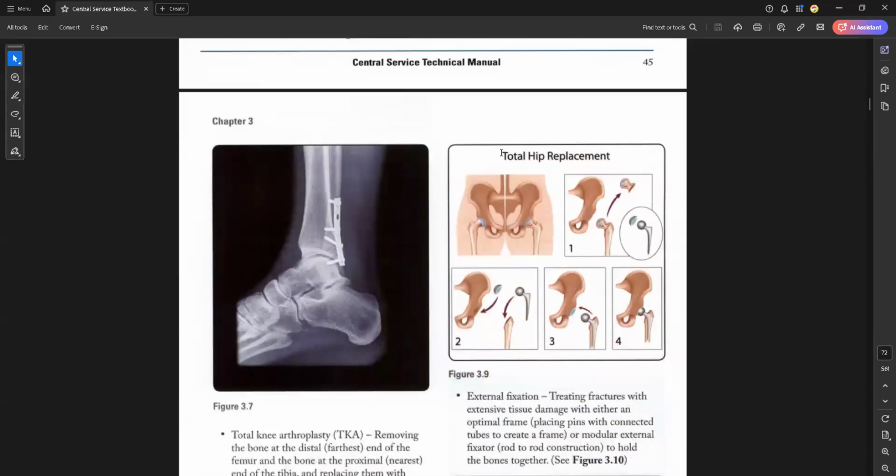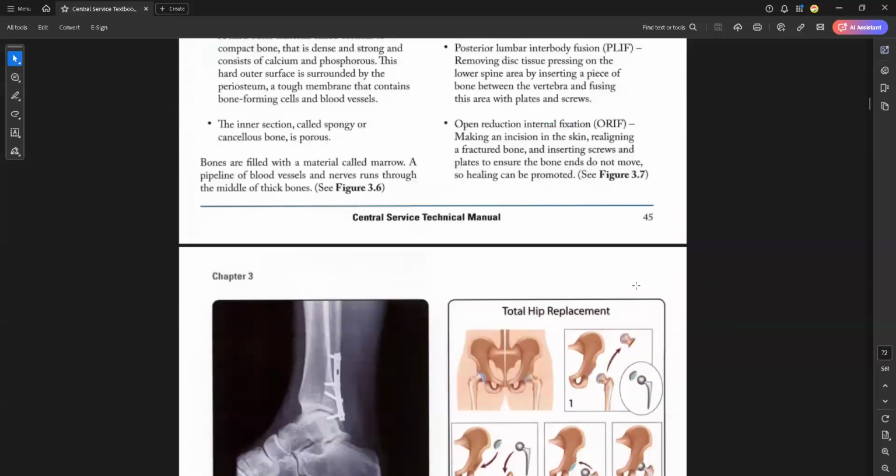Okay. Yes, very good. So these are the surgical procedures. Now we are interested in the surgical procedures that are associated with the skeletal system. We have, can we go up a little bit?